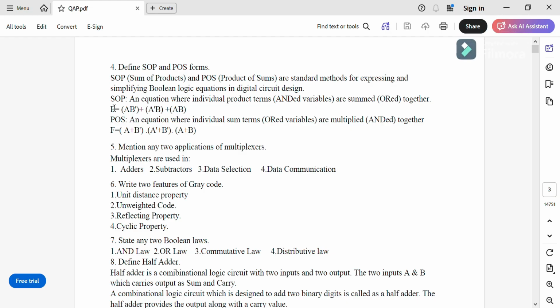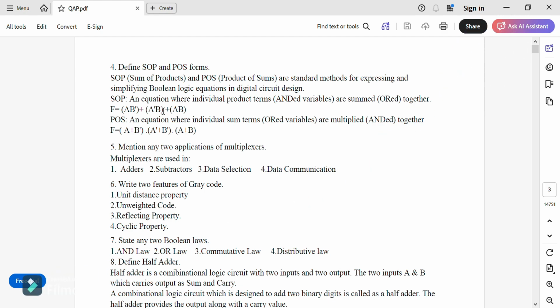So the name itself indicates that it's a sum of products. That means plus, this is the sum of the products, like A into B bar. I am giving one example here. These are examples of a proper standard sum of product.